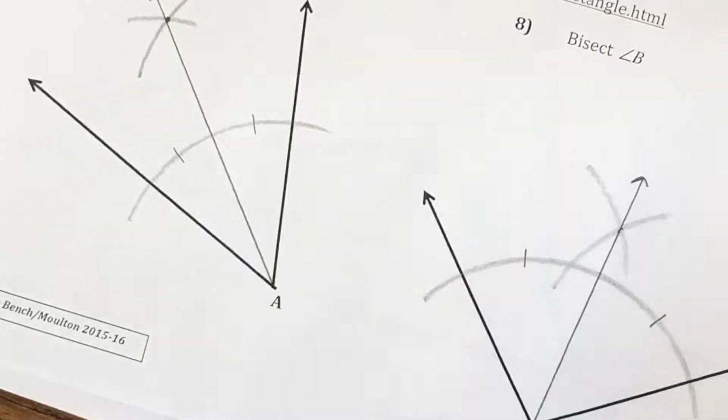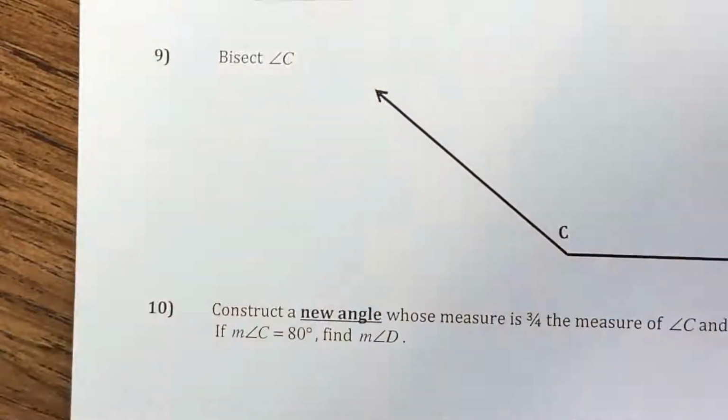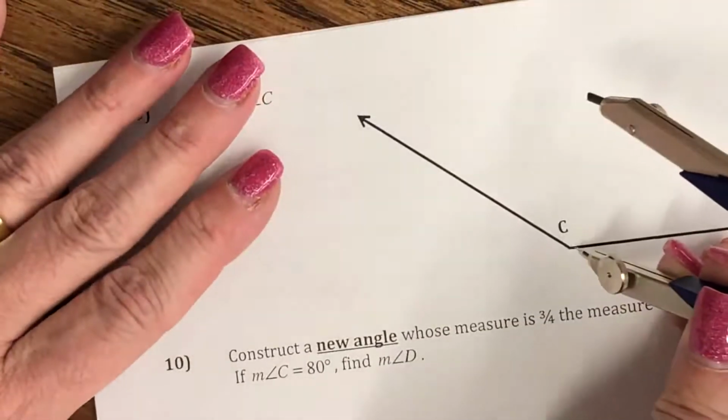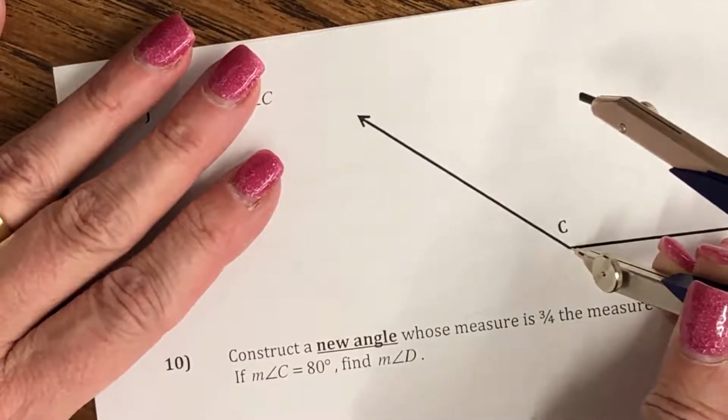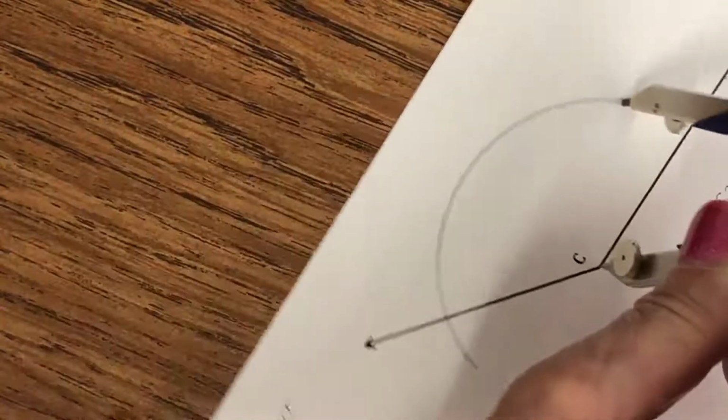Okay, we have one more on the back. Let's go ahead and see if we can do that one. So we're going to bisect angle C. This is definitely an obtuse angle. It's quite large. So I want to go ahead and go all the way across.